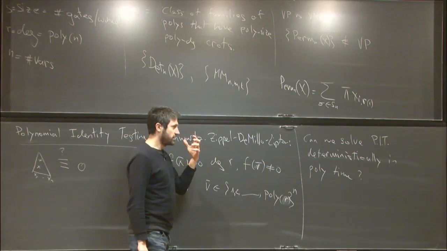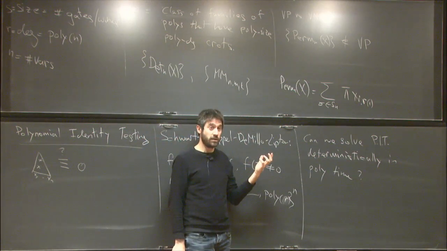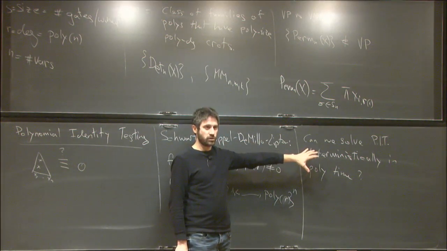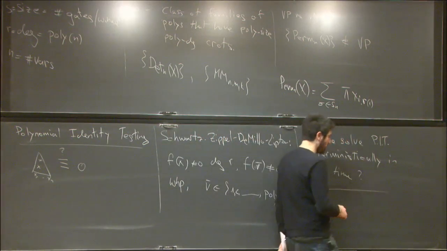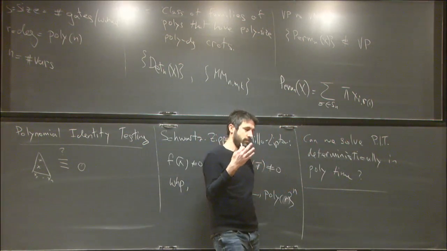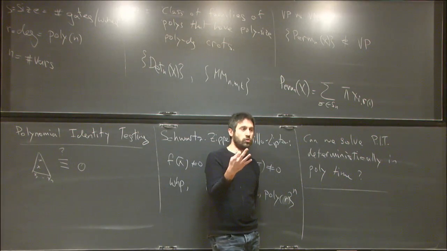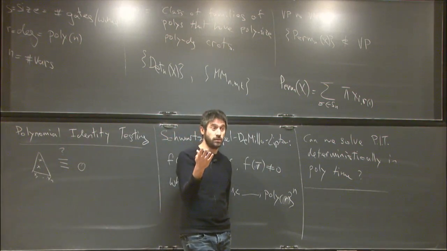And if you look at it, many of the randomized algorithms that we have can actually be reduced to the PIT question. For example, there's a famous algorithm by Kaltofen and Trager: given an arithmetic circuit, you want to compute arithmetic circuits for each of the factors, because maybe the polynomial that you compute is reducible.